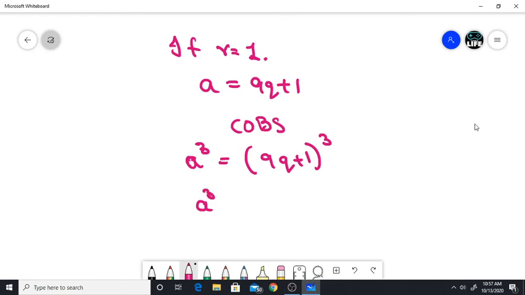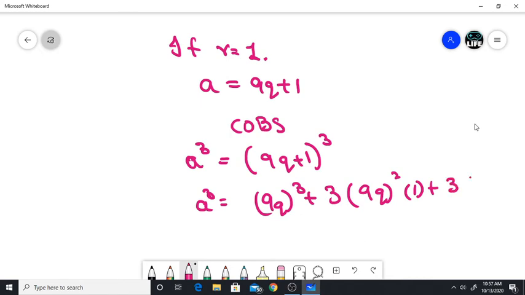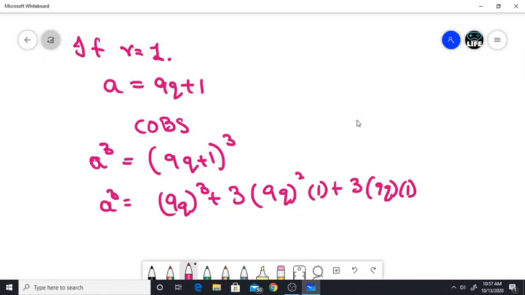So a cube equals, just apply a plus b whole cube, then you get 9q whole cube plus 3 into 9q square into 1 plus 3 into 9q into 1 plus 1 cube.